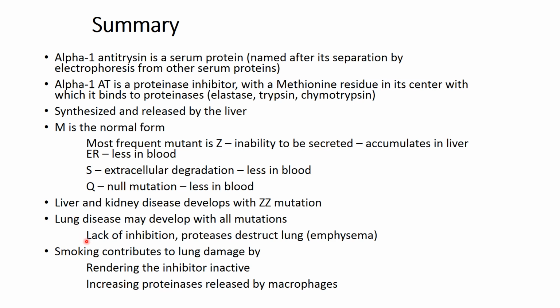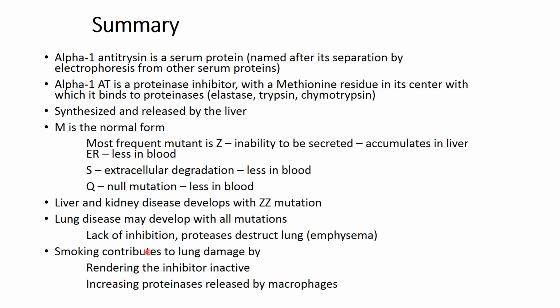The reason for lung disease is lack of inhibition. Much less or no inhibitor is circulating, and the proteinases, which are normally secreted by macrophages, are not balanced by inhibitors.